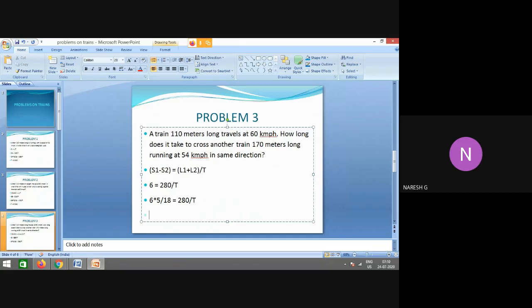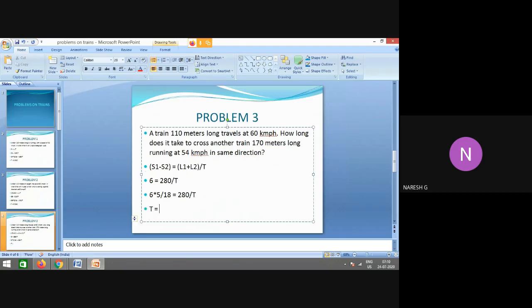So by simplifying, we will get that t equal to 168 seconds. It will take 168 seconds to cross two trains. The two trains are moving in same direction. It will take 168 seconds to cross each other. Next, fourth problem.